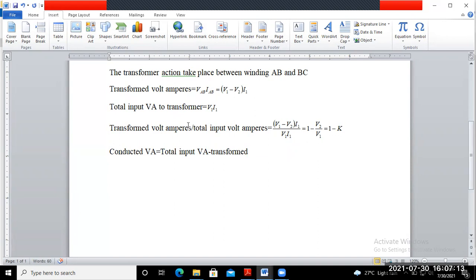The transformed volt ampere, that means VAB IAB, is not conducted volt ampere.